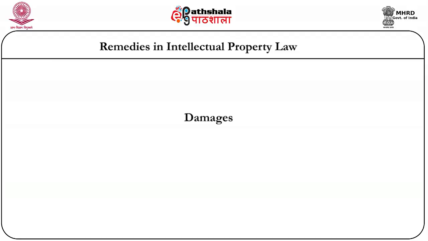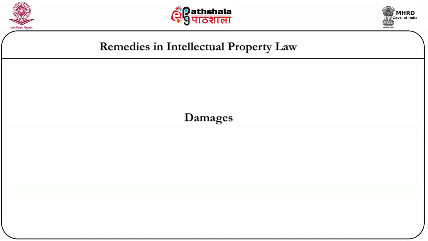The one most common is normal damages, where the attempt of the court is only to put the parties back into the position in which they would have been had the infringement not occurred in the first place.